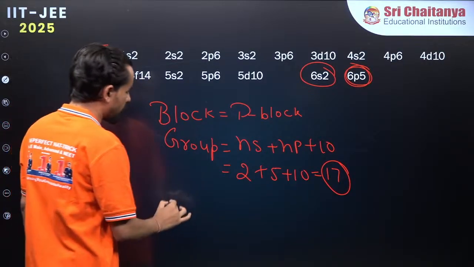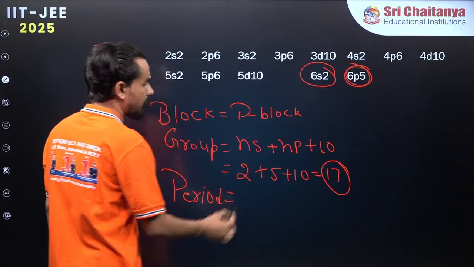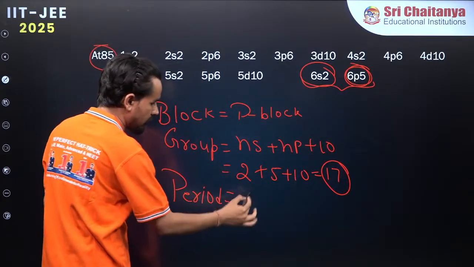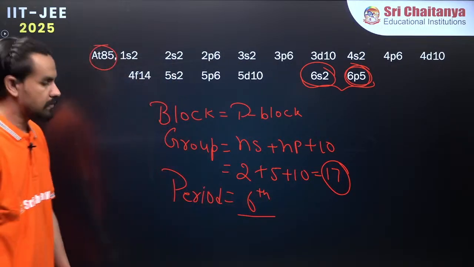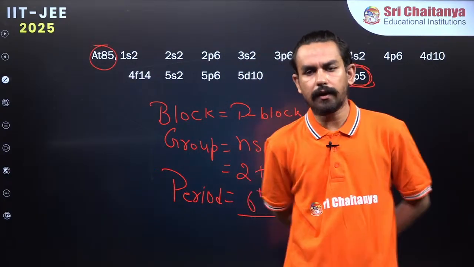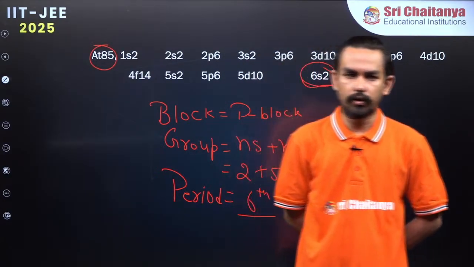If we talk about period, it is the highest shell that is filled, and here you can see very easily, it is the 6th period. These are the questions. Till here, in any of the questions, if anybody has a doubt, you can ask.